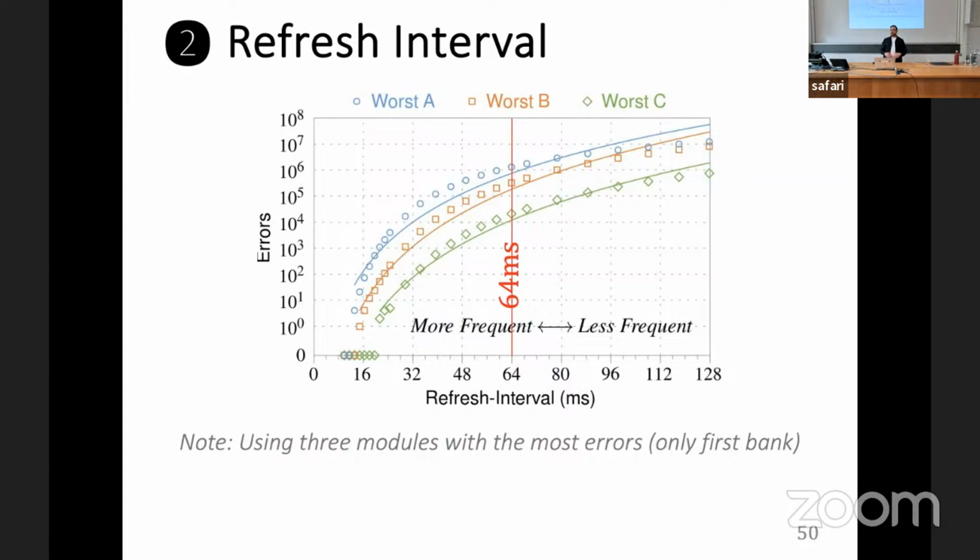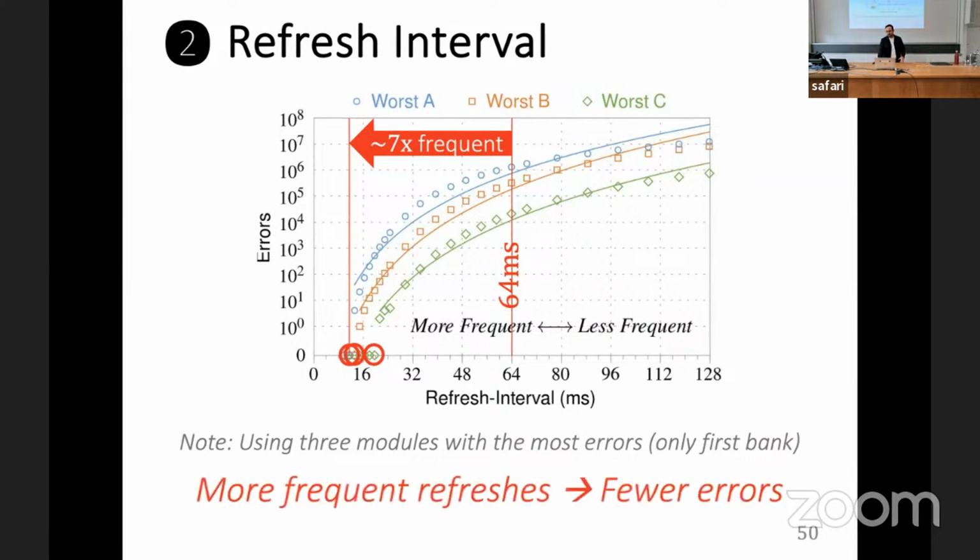But it immediately turns out to be quite impractical, because refreshing a row also takes some time, and you have many rows to refresh. When you add up those times, it needs to be smaller than your refresh window, and you quickly reach that point. Based on this data, you need to increase your refresh rate by 7 times, but it's not practical, and you need to refresh even more frequently in today's DRAM chips.